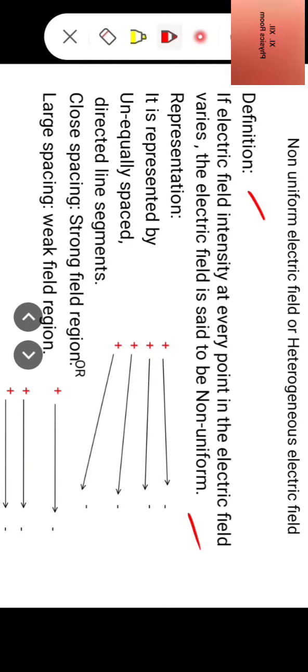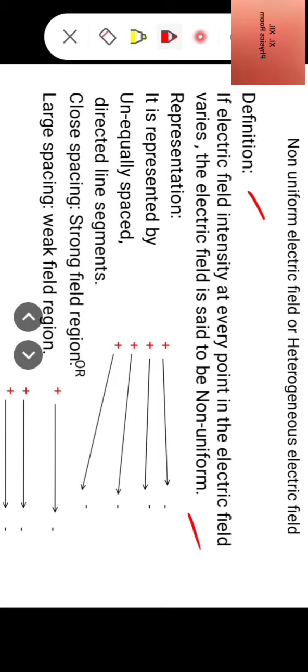I repeat, if electric field intensity at every point varies, the electric field is said to be non-uniform or heterogeneous electric field. Uniform is homogeneous, non-uniform is heterogeneous.